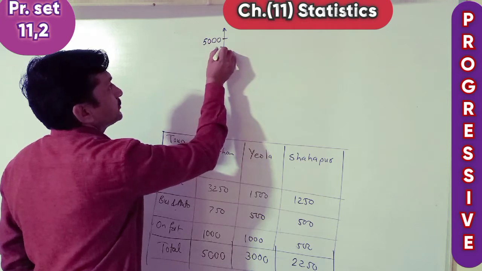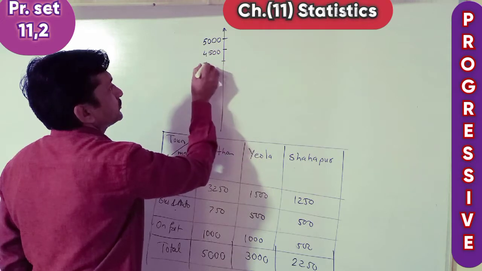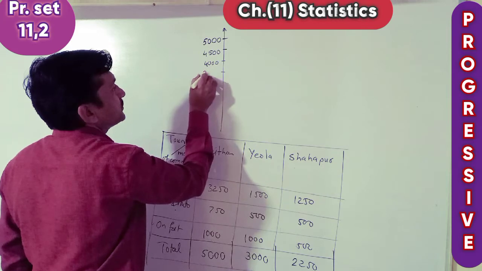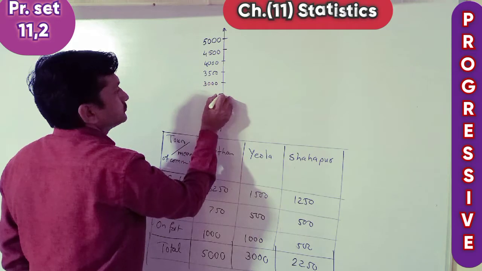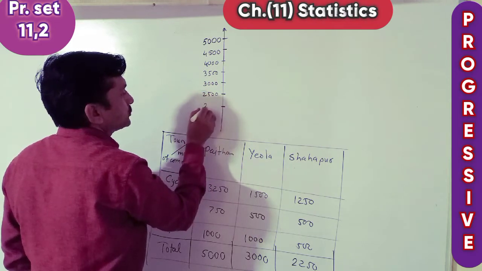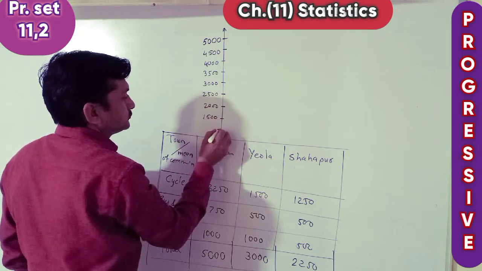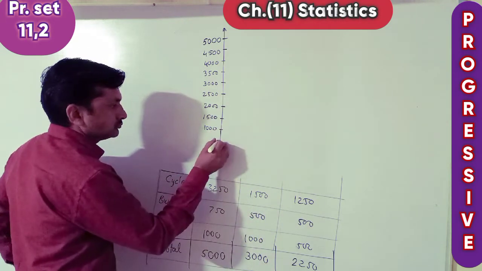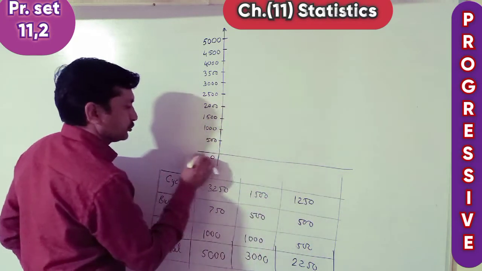It's 5,000 here, 4,500, difference of 500, 4,000, 3,500, 3,000, 2,500, 2,000, 1,500, 1,000, 500, 0.